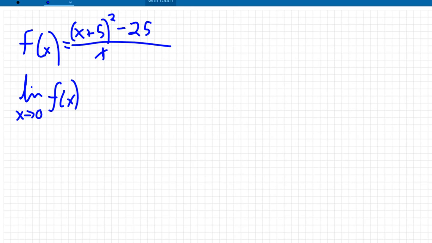So what we'll have to do is some algebra to figure out what the limit here is. We'll go ahead and FOIL out x plus 5 squared. So we would get x squared plus 10x plus 25. So that's the term with the squared, and we don't want to forget that minus 25.